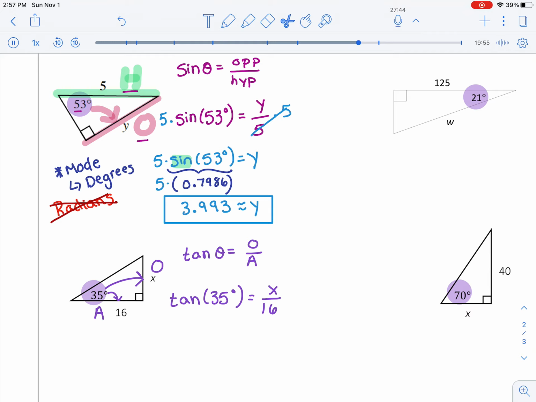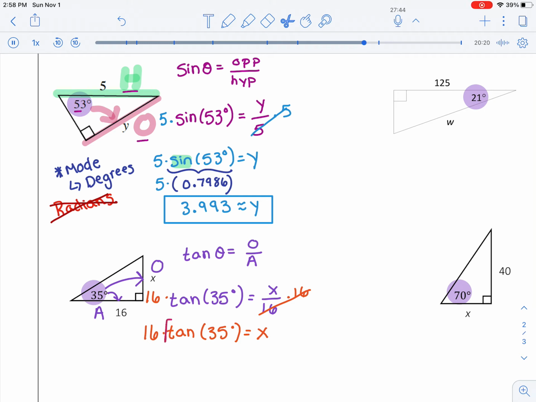To solve for x, I'm going to multiply both the left and the right by 16. So we get that: 16 times the tangent of 35 degrees equals x.